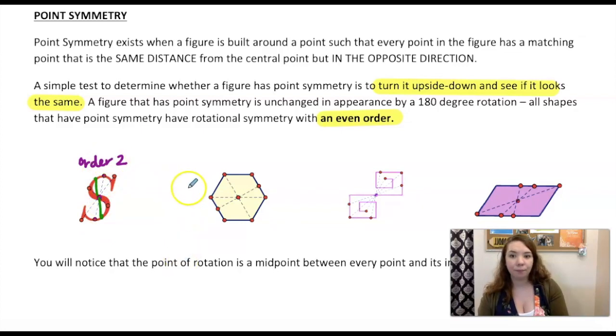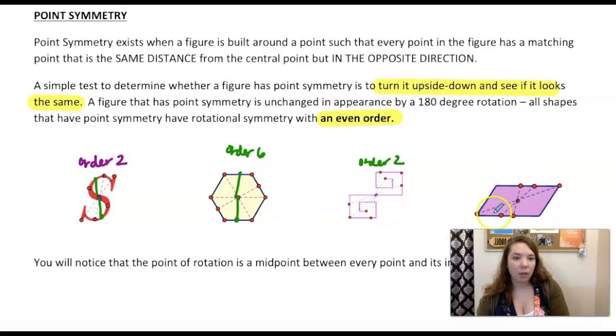This is a hexagon, so it has an order of 6. But that's even, and any point you put is going to be the same distance on either side from the center. Again, here it looks like if I turn this upside down, it would look the same. This one I think would just have an order of 2, but that still works.